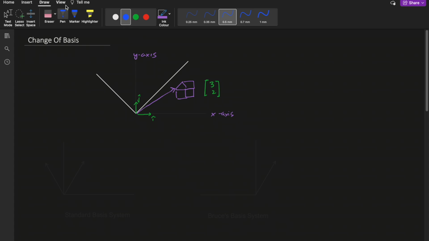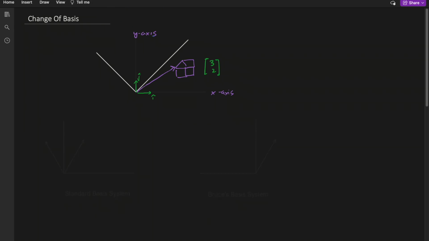So now in this new system, this 3 comma 2 is no more valid. Why? Because maybe this is your new x-axis, x bar axis, and this is your new y-axis, y bar axis.